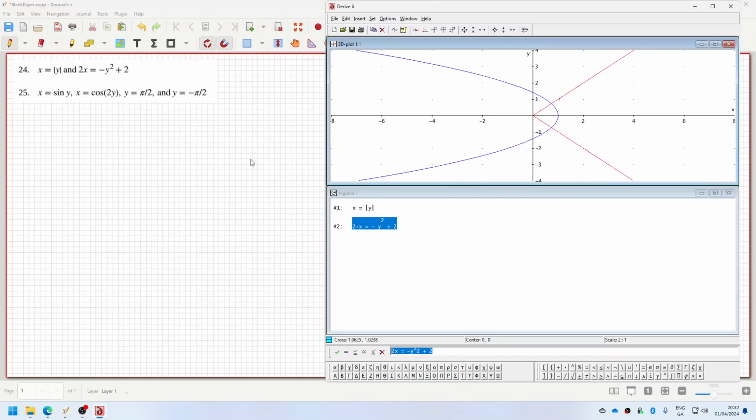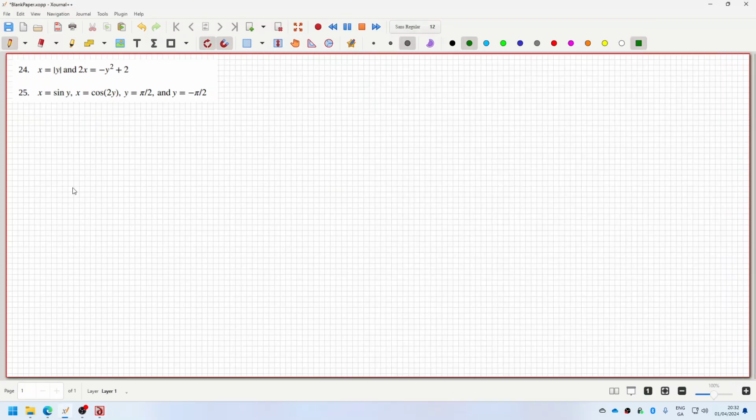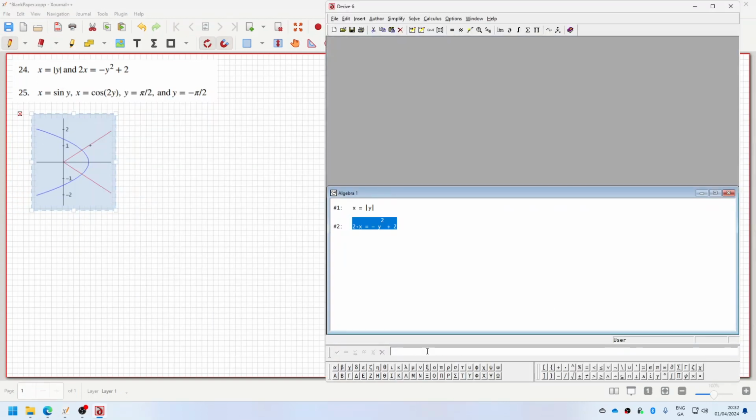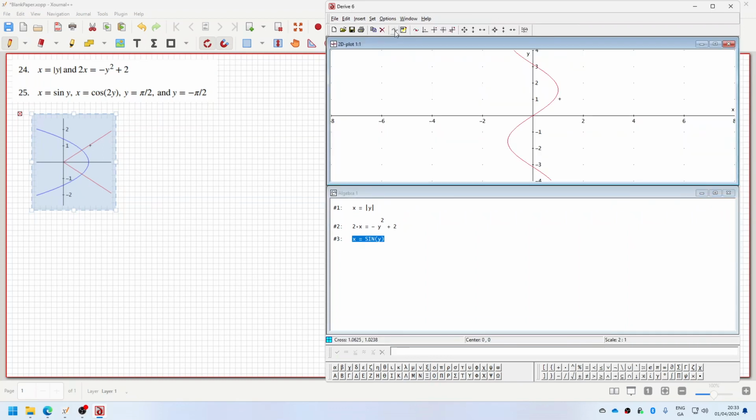So that's 24. Let's draw 25. X equals sine y. And then x equals cos 2y. And then y equals pi over 2. Y equals minus pi over 2.